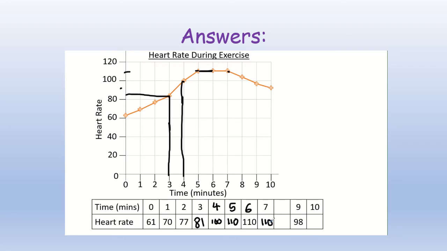So you could go 110 or maybe 109 would get you a mark. 8 minutes, we're just a tiny bit up again, so I think it would be 102. 9 minutes, 98, and 10 minutes, I think that's closer to 95, as it looks slightly higher than the halfway mark to me, but it's definitely lower than the 98. How did you do? Did you get the same answers as I did?